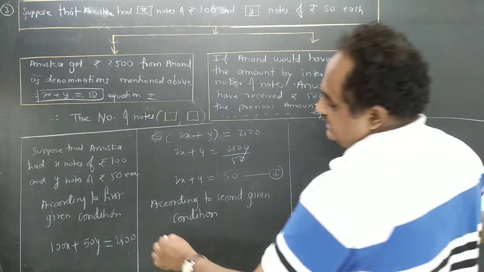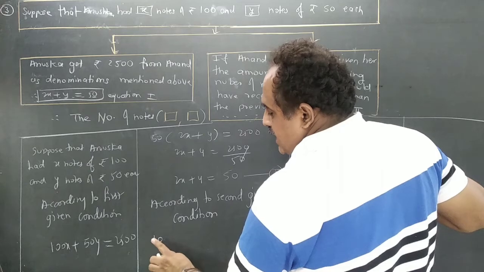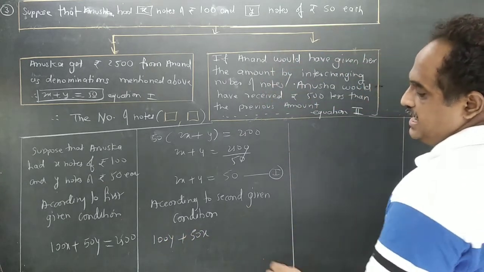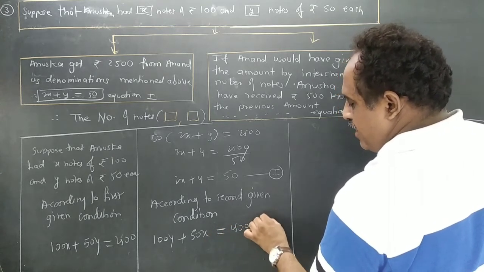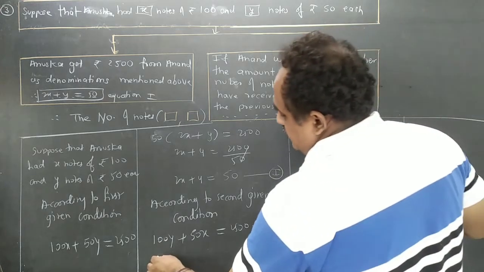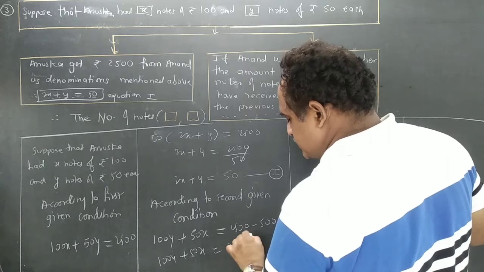So we can write 100y plus 50x is equal to 2500 minus 500. That way we have to do it. So what will I get then? 100y plus 50x is equal to 2000.